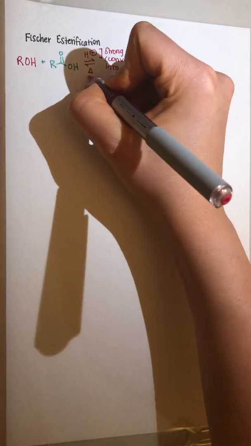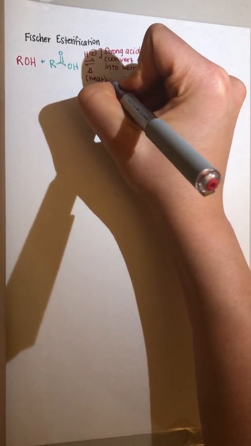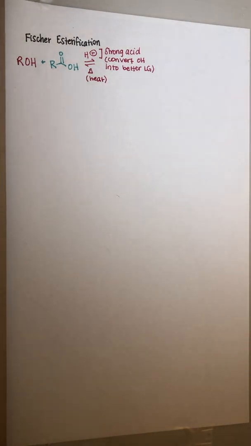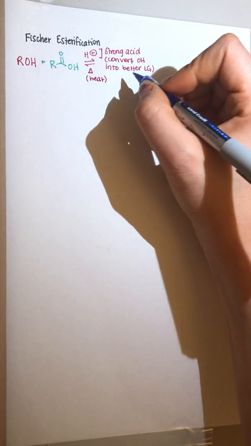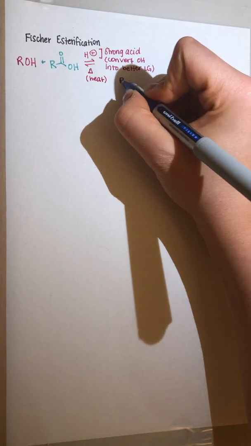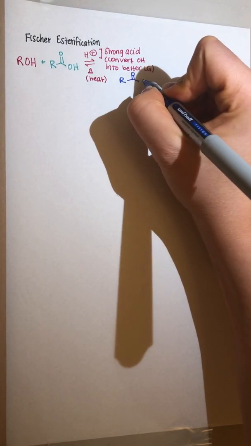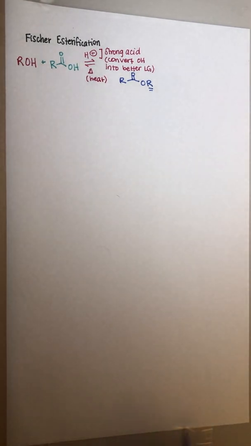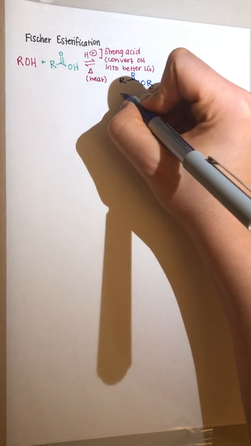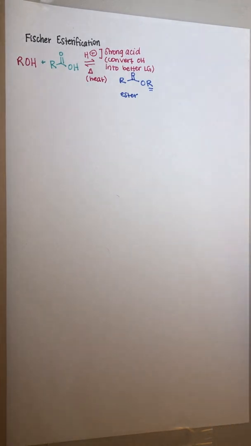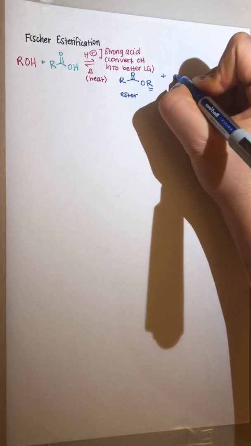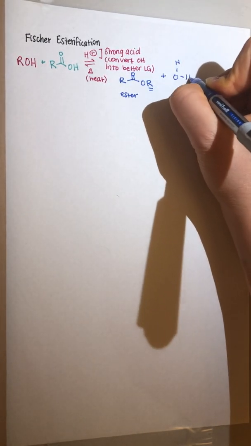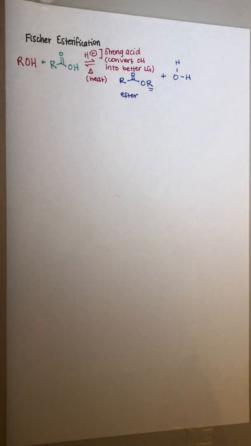And we also need some heat to make the reaction go faster. Then that'll give you, on this side of the reaction, our ester product, right? The R could be anything. And so this is our ester. And it'll also give you water. Okay, so that's the generic reaction.